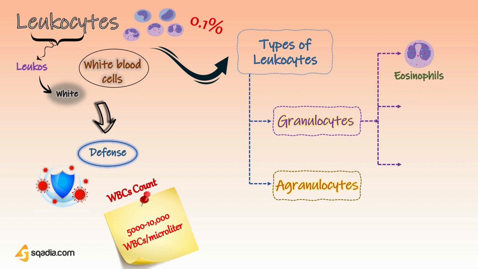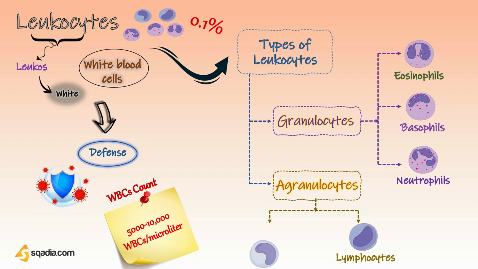Most granulocytes include eosinophils, basophils, and neutrophils, and these all are about 2 times as large as RBCs. While agranulocytes include lymphocytes and monocytes, which lack visible cytoplasmic granules. Let's individually look at all these granulocytes and agranulocytes one by one.